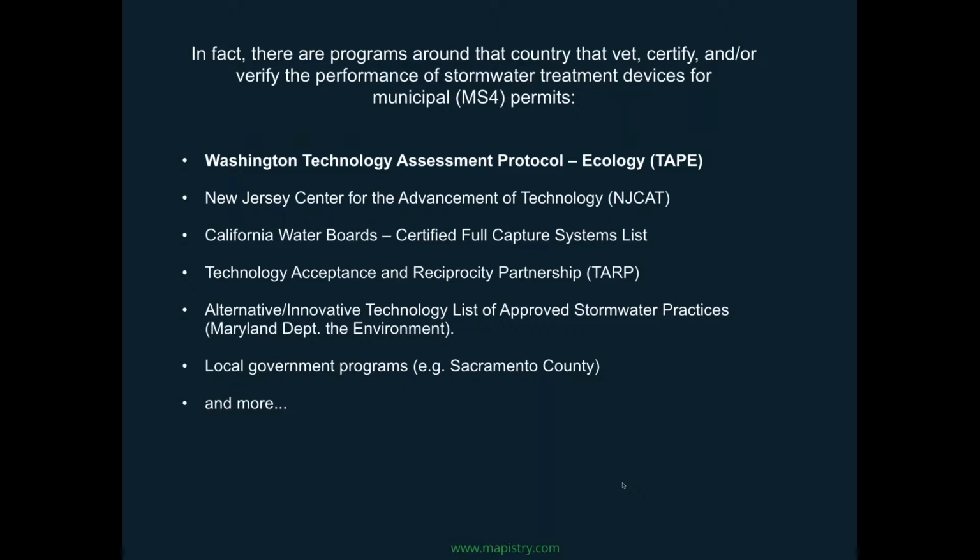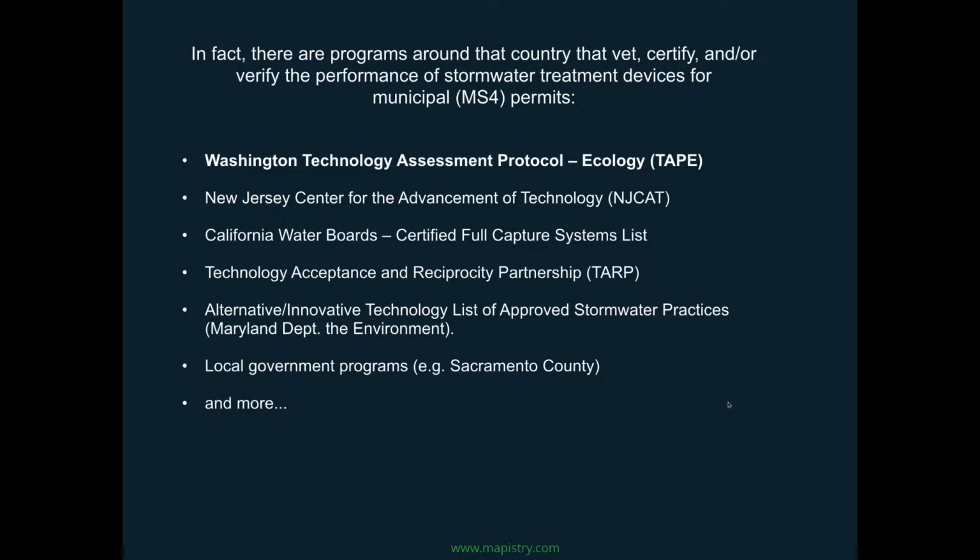So they're not really meant for industrial type programs. They're primarily for the municipal stormwater permits, phase 1 and phase 2 entities, large cities and counties that permit construction projects to build or rebuild large facilities.